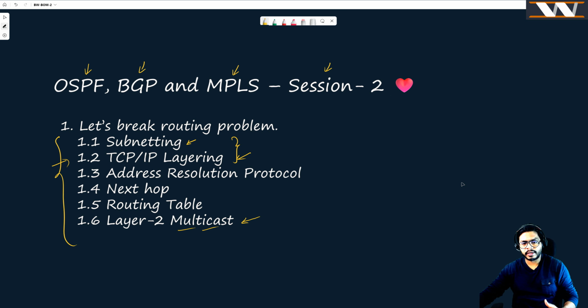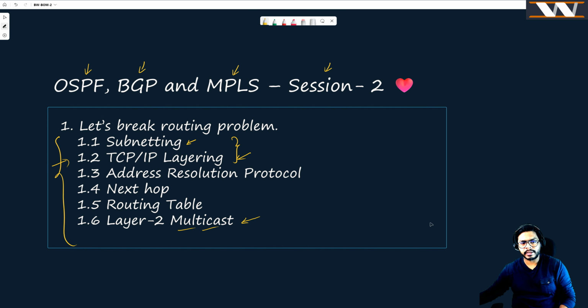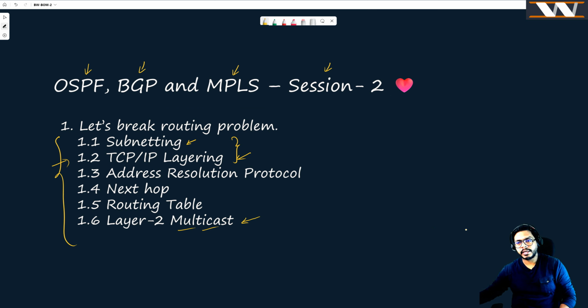If you are learning OSPF and IPv6, and you understand at least layer 2 multicast, most of the concepts are going to be clear. Yes, it is an overhead, but it's a good overhead. We could straight away start from OSPF neighbors, but believe me, if you have all these concepts under your belt, learning is going to be fun and easy.